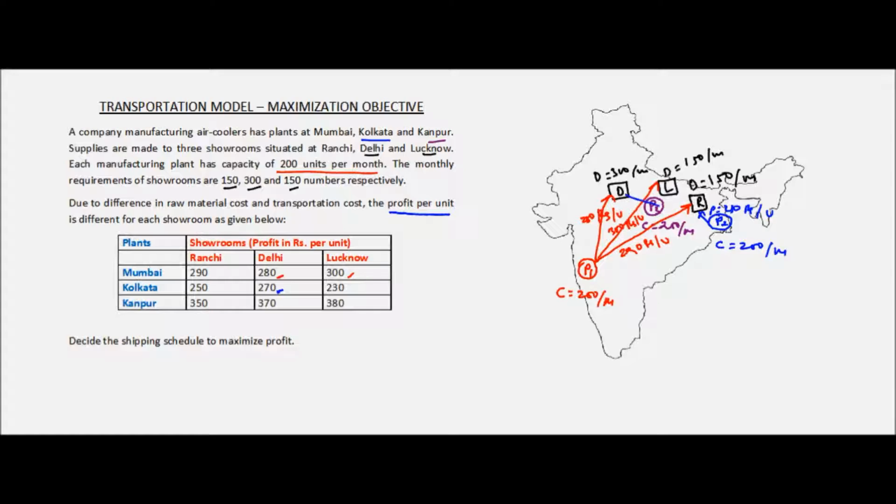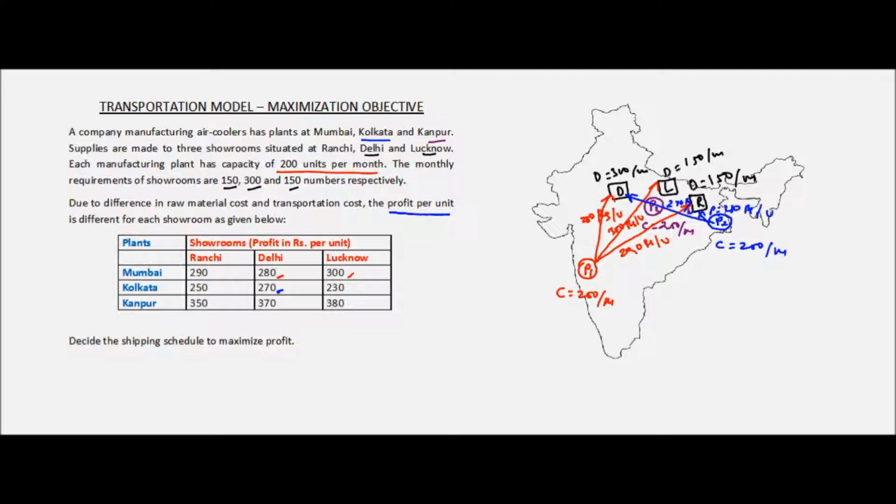So to Delhi, this is 270 rupees per unit. And if we sell it in Lucknow while shipping from Kolkata, then the profit is 230 rupees per unit. So this is 230 rupees per unit, and so on.